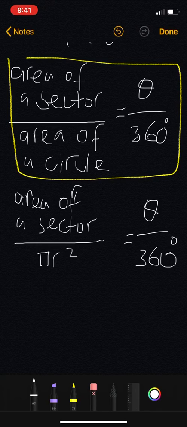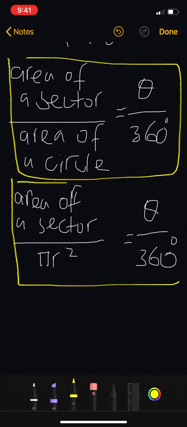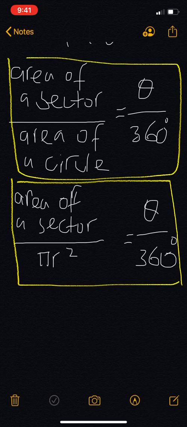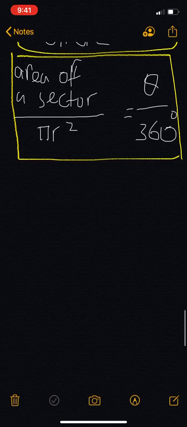So this is the final formula that you should know, the fourth one: how to find the area of a sector. So we'll go to the example in order for you to understand how to apply this formula.